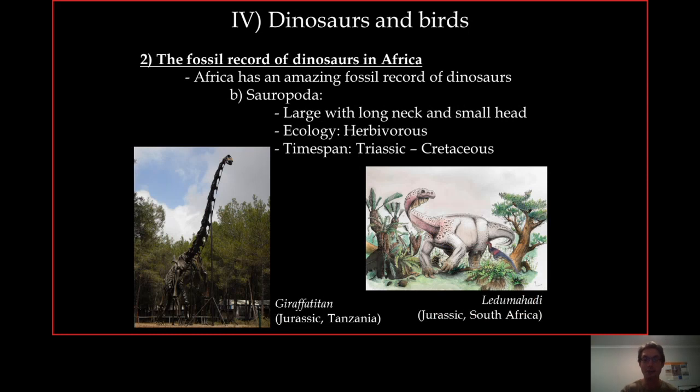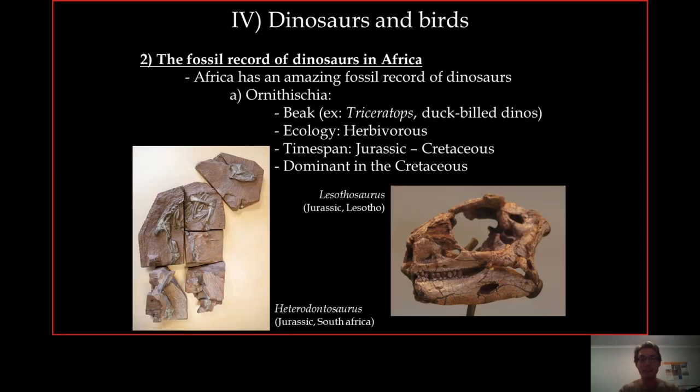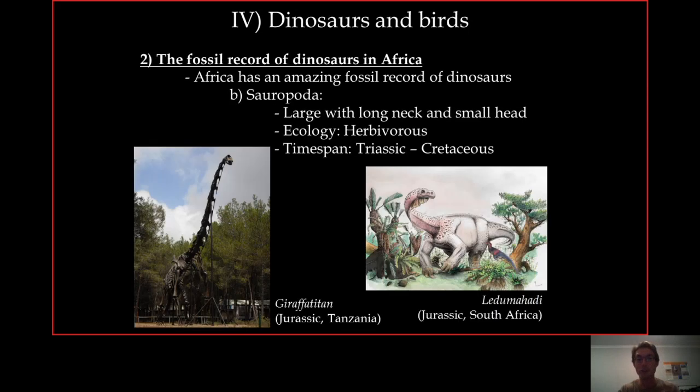So that's why I told you these ones are the small herbivores, because now we are talking about the big herbivores, the very, very big herbivores like Giraffatitan from the Jurassic of Tanzania, which is one of the largest dinosaurs ever found, with a body mass estimated between 20 and 60 tons.